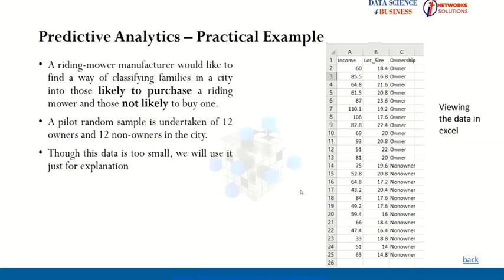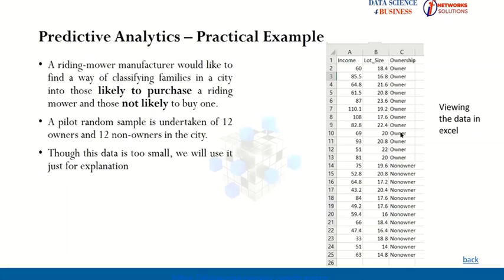These homeowners, people that have a home in a particular place, we have been able to gather data about them. So these are historical data. It contains 24 points, and it has two attributes and a label. For rows 2 to 13, for example, we know that they own lawnmowers. For rows 14 to 25, we know that that's 12 of them, we know that they don't own lawnmowers.